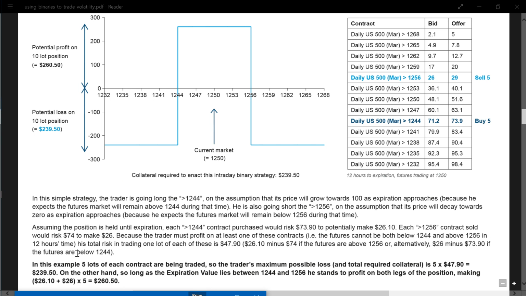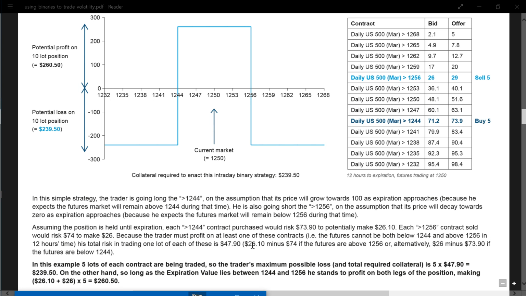Okay, and his total risk in trading one lot of each of these is $47.90. That is $74 minus the $26.10 that he's going to make on the other one.